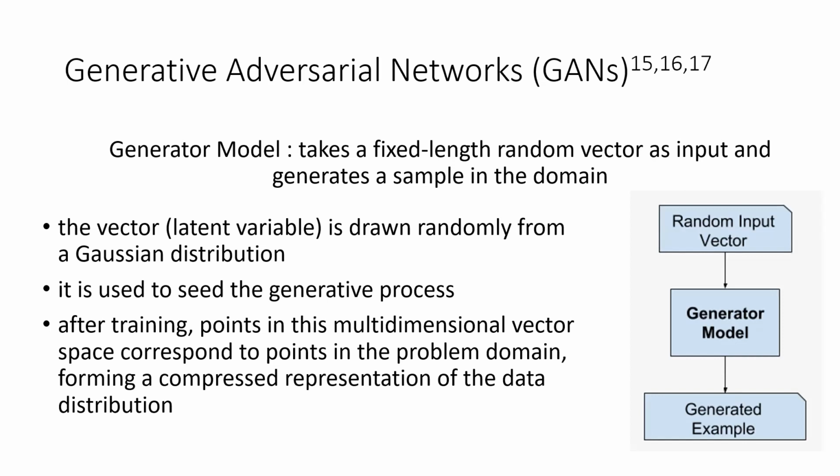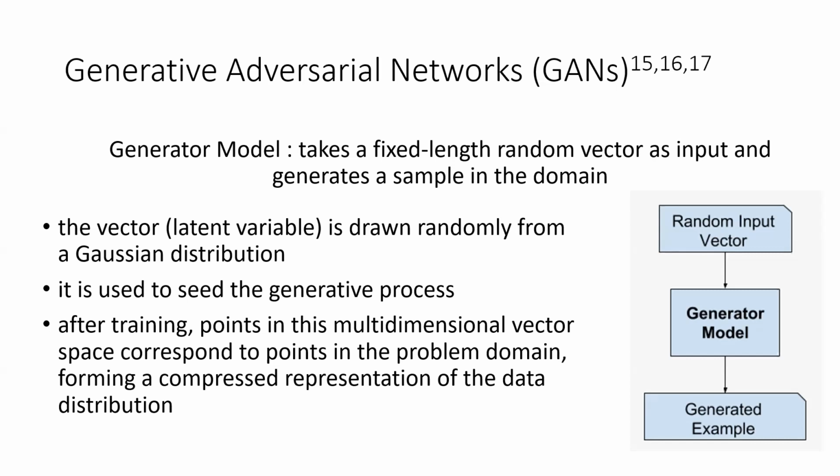This vector is used to seed the generation process, and after training, it has learned to produce a multidimensional vector that corresponds to valid points of the original data set.